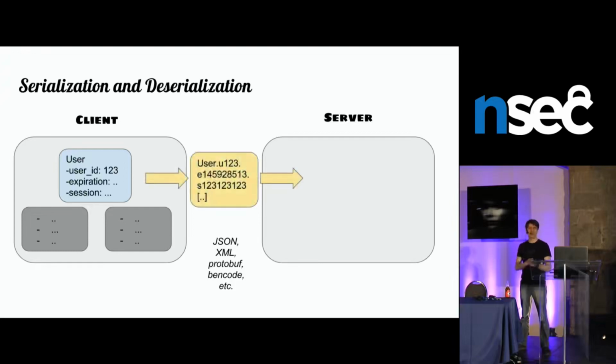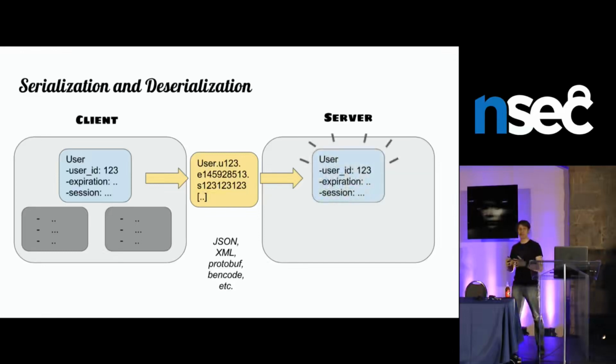Then we serialize the object into a format. Here we're going to talk about native serialization, but it's the same with JSON, XML, protobuf, bencode. All those can be considered serialization formats, but they will have differences in their representation. When the other application receives this format, it will be able to restore the state and reconstruct the object out of it.